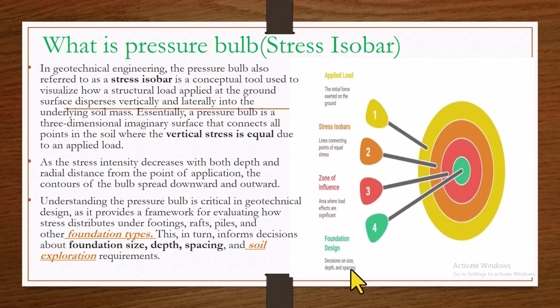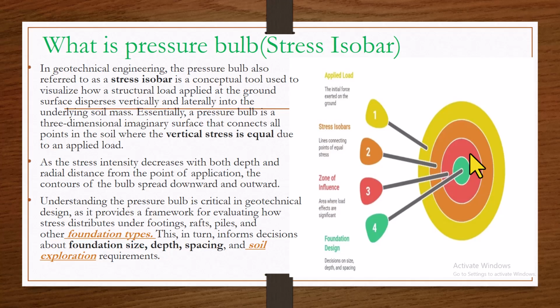So as you can see from the diagram, we have the applied load in yellow color. Then we have the stress isobars, that is the orange color. Then we have the zone of influence. The zone of influence is the zones or the soils that experience the effect of the applied load.